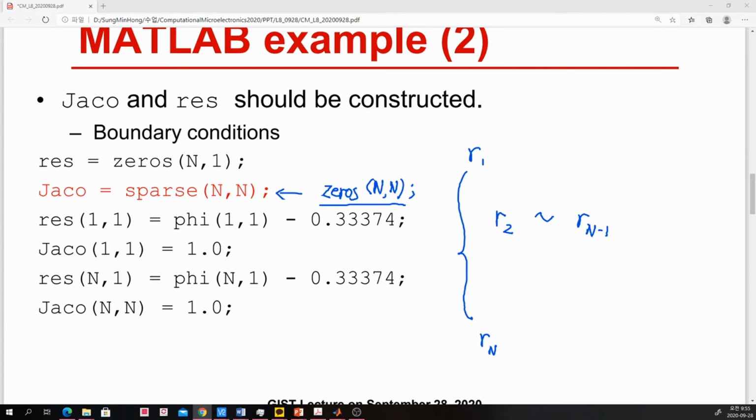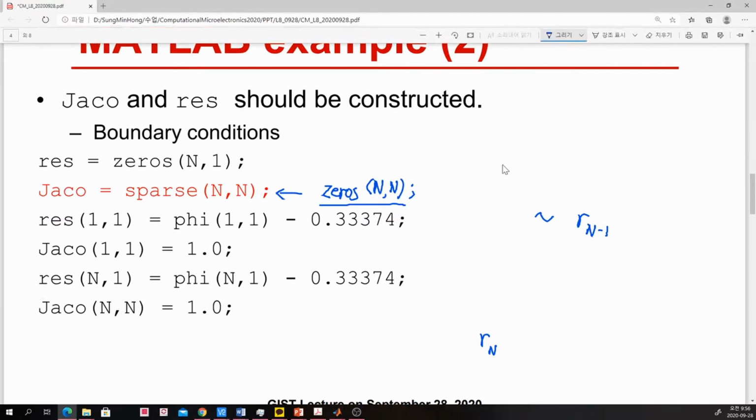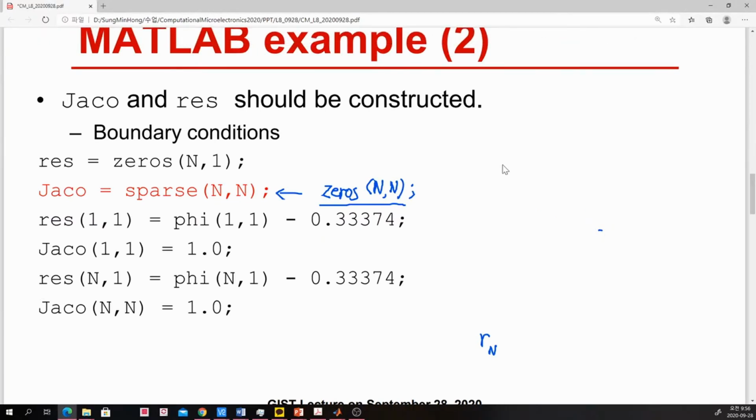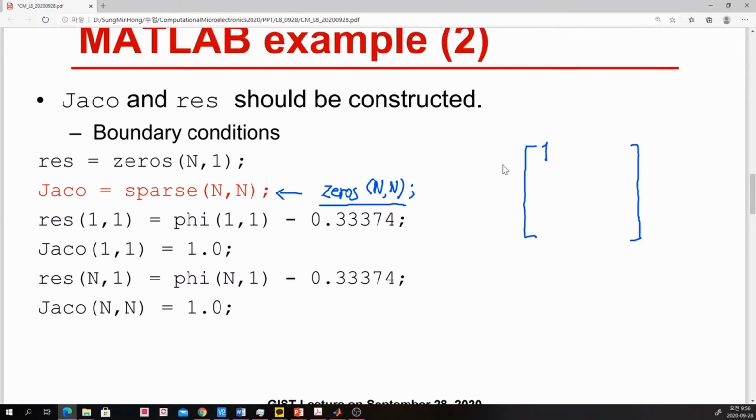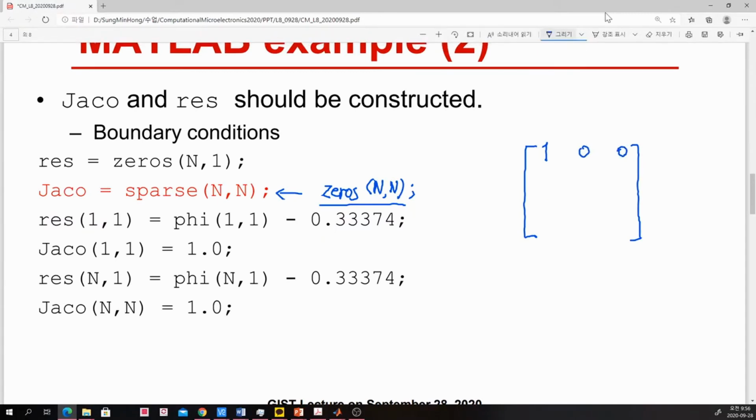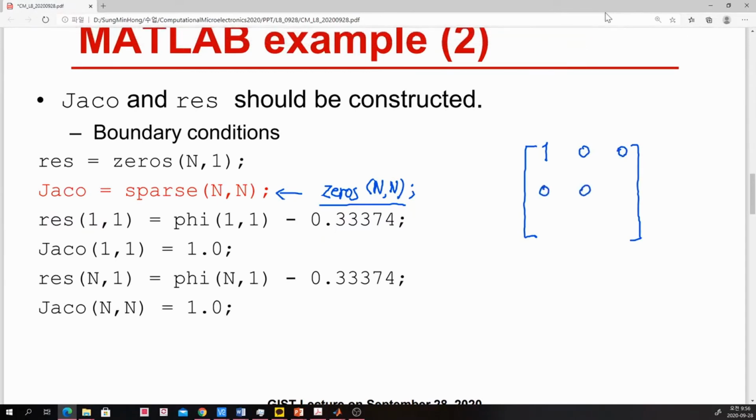But think about this one. You have a 3 by 3 matrix, and it has only the 1, 1 component with a non-zero value, and all other components are actually 0.